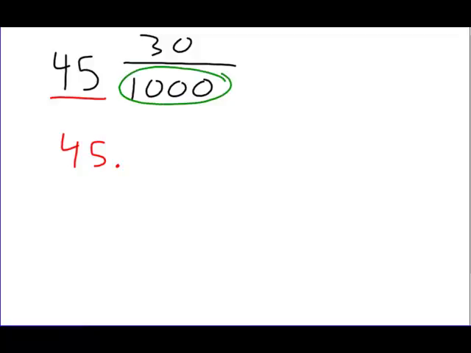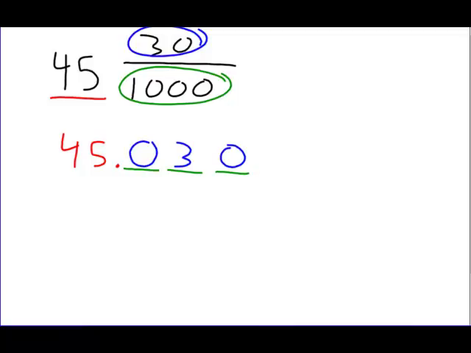The thousandths tells us we need tenths, hundredths, thousandths, 3 decimal places. And then we look at our 30. We fill it in from the right to the left, so 0, 3, and we fill in the 0 placeholder.